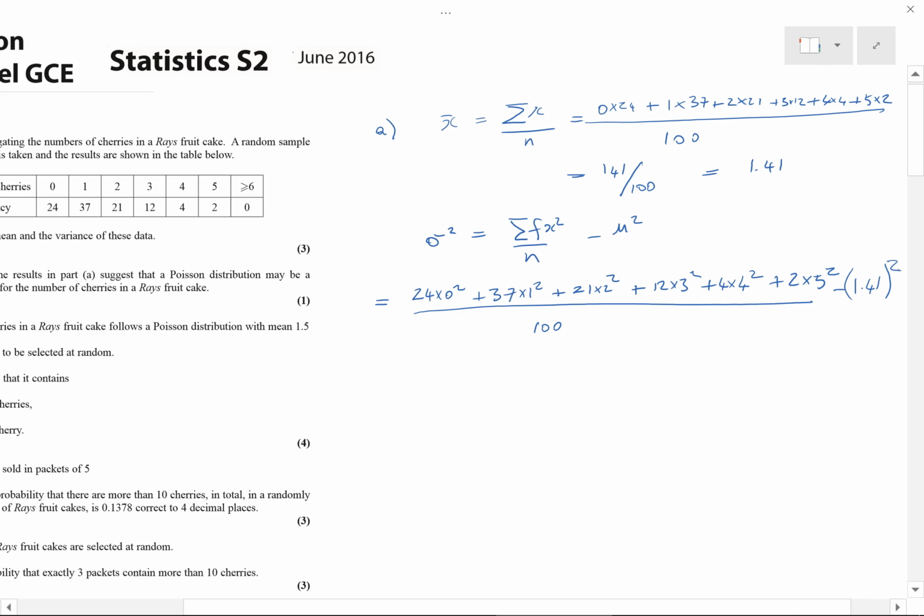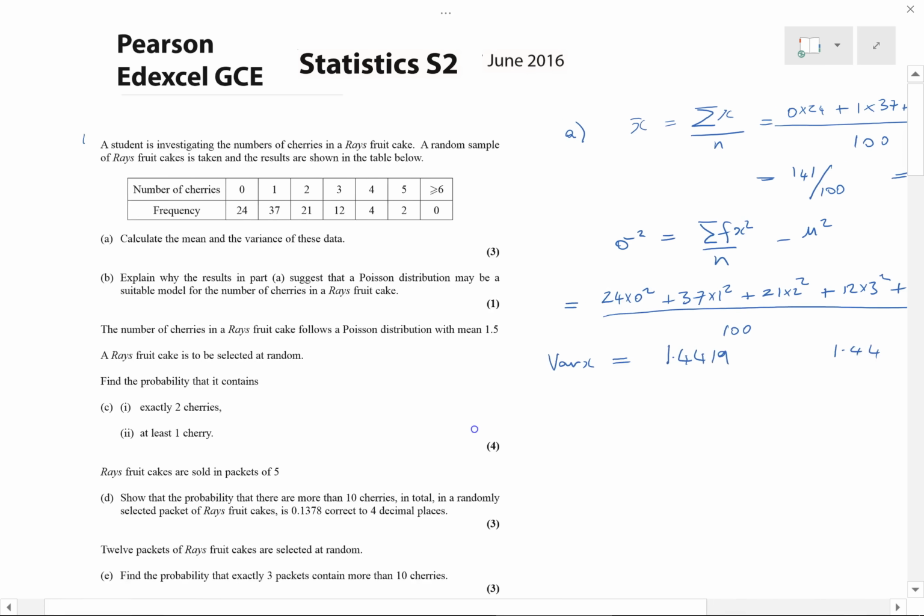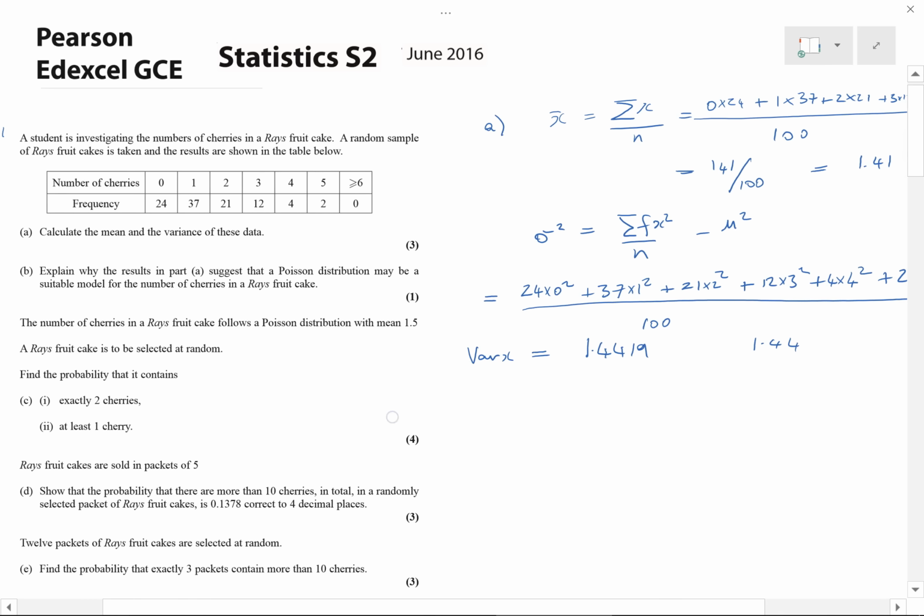And when we work that out, that gives us the variance is equal to 1.4419. So we can round that if we want to 1.44. So that's part A done. Part B wants us to explain why Poisson is justified.